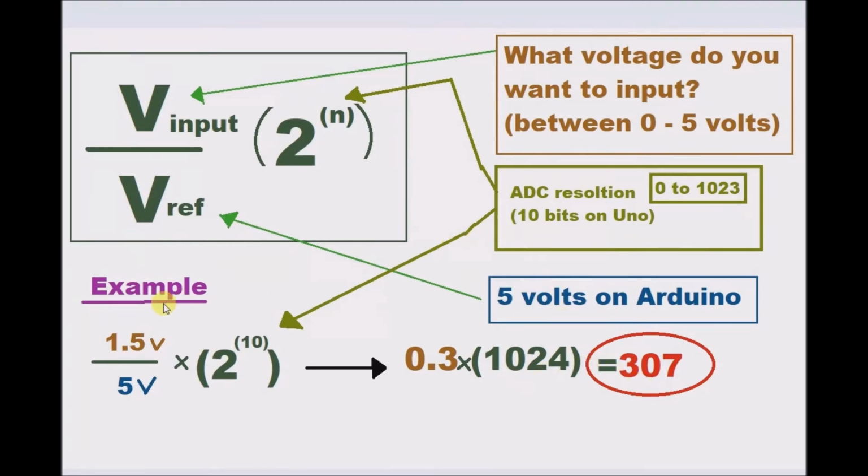So once again, the value that we have randomly chosen is 1.5 volts, input voltage divided by Vref multiplied by 2 to the power of the bits resolution on the ADC. This works out to about 30% of the resolution, which is 1024, rounded to 307.